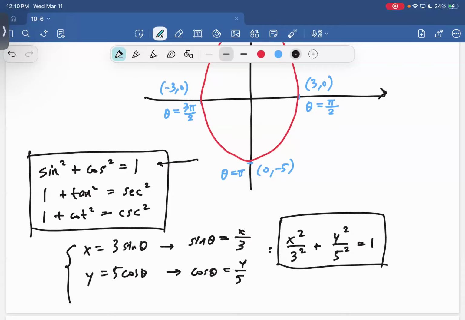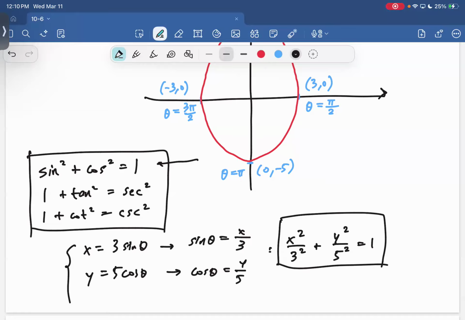Figuring out the equation, x and y. Okay, is the elliptical formula a particular equation?